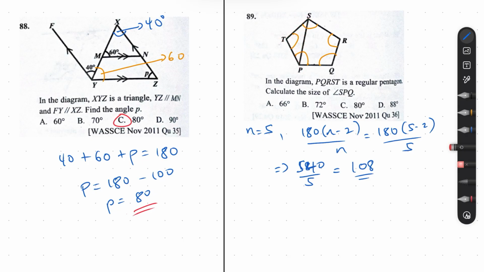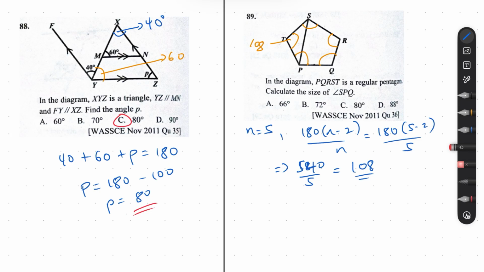But we know this angle to be, sorry, 108. So let's label that 108. So we can find this small angle right here by subtracting the sum of the angles here from 108. Okay? So from 180.